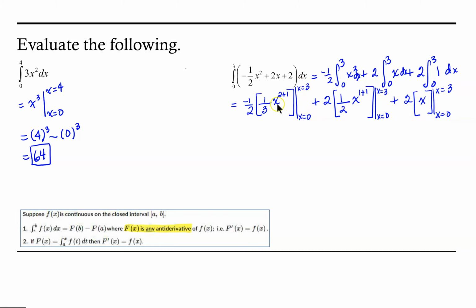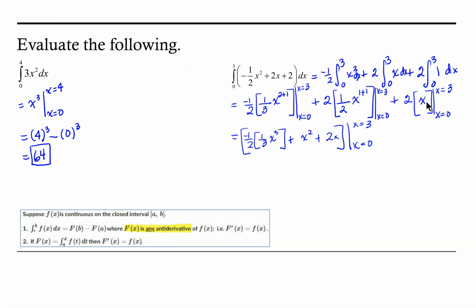So rather than separate them like this, I could just as well look at this as -1/2 times 1/3 x cubed, plus, let's see, 2 times 1/2 is 1, so x squared plus 2x, and then take that longer expression and evaluate that between x equals 0 and x equals 3. So either is fine. So let's go ahead and evaluate.